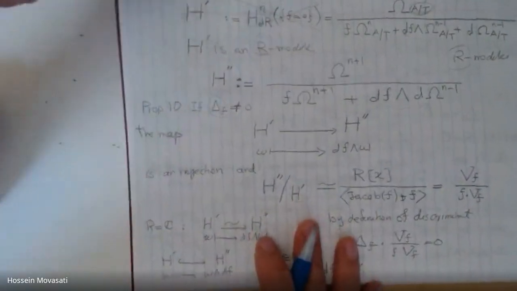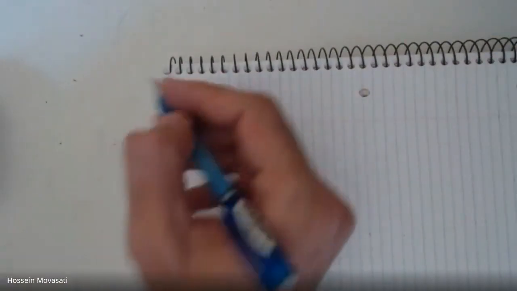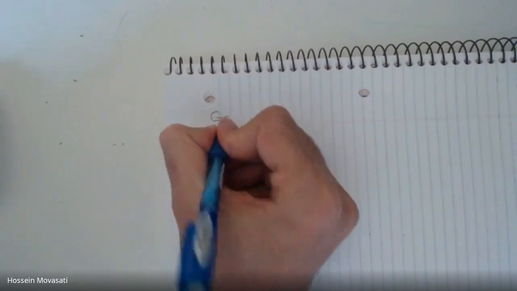And the reason why we use this H prime is that at the end of the day we want to integrate; we want to capture Hodge theory by these integrals.